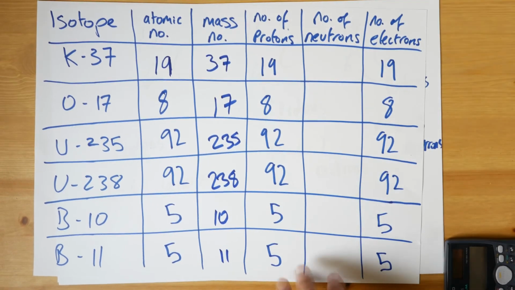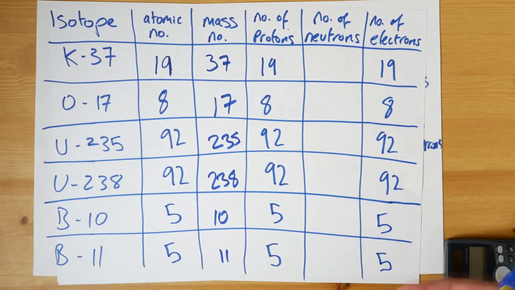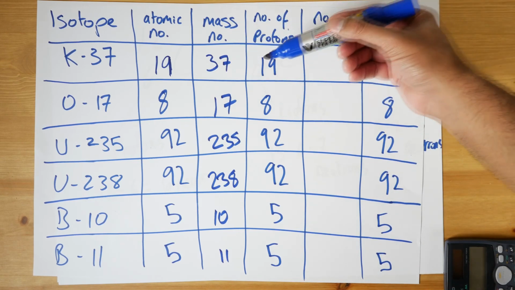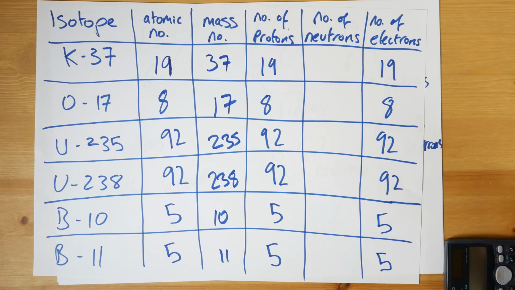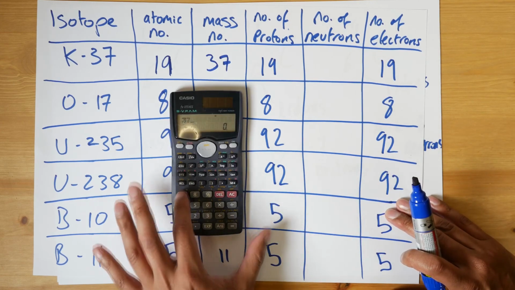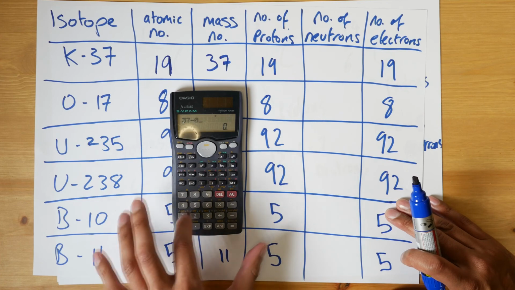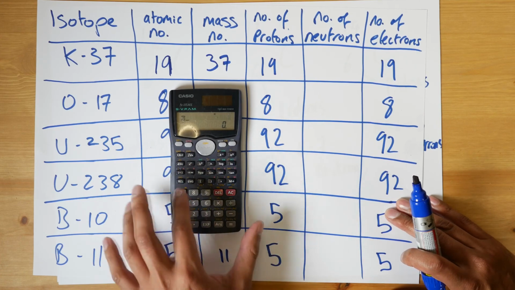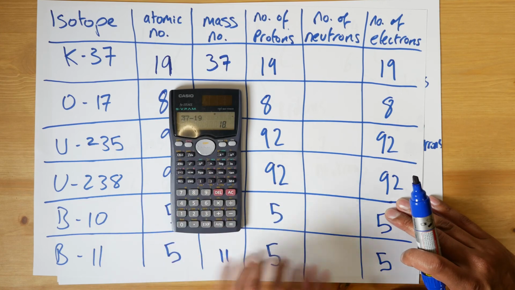Okay? The next thing that we've got to do is work out the number of neutrons. And what we do is we take the mass number and we minus the number of protons. So 37 minus 19. My maths is so poor I have to use a calculator, but you know, in an exam, you're going to have to do this yourself. So 37 minus 19 is 18.